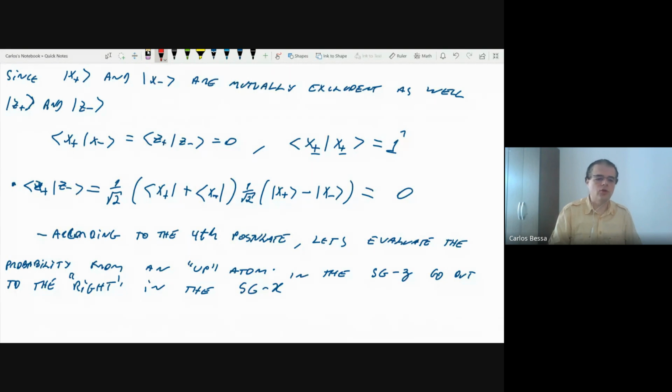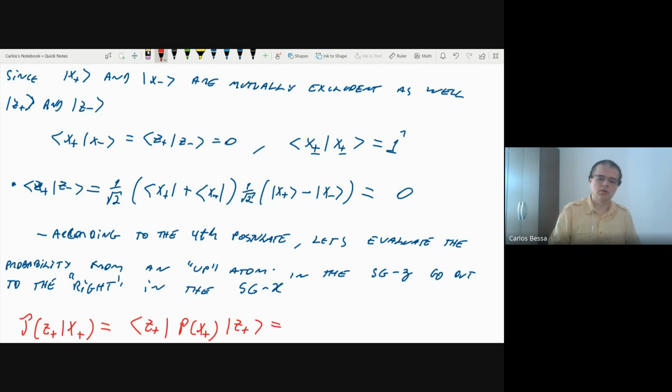So according to the fourth postulate, the probability to go up, represented by z plus, and go to the right, x plus, will be given by the state z and the projector in the x, applied to z.